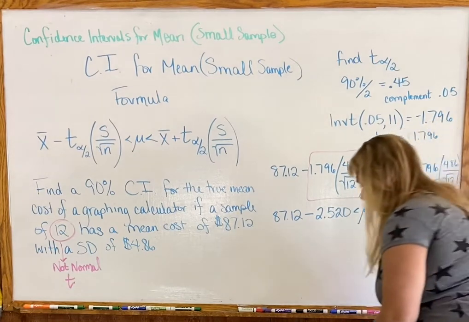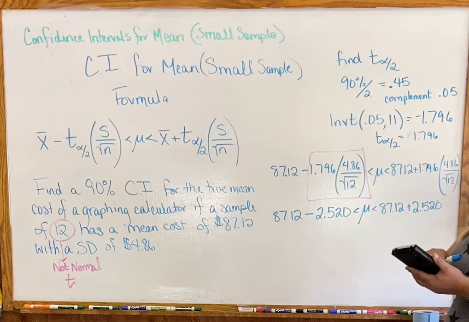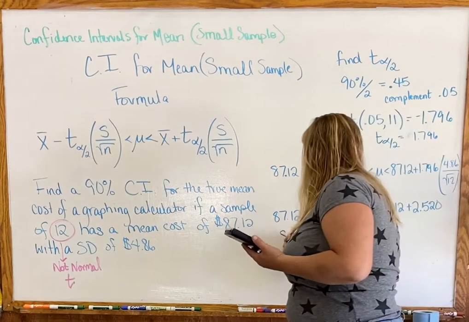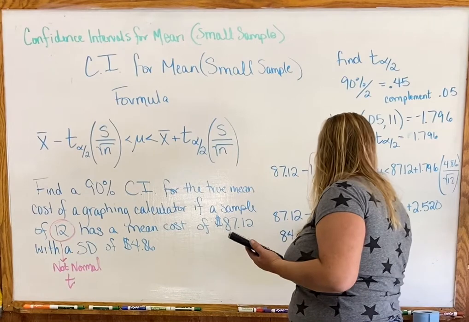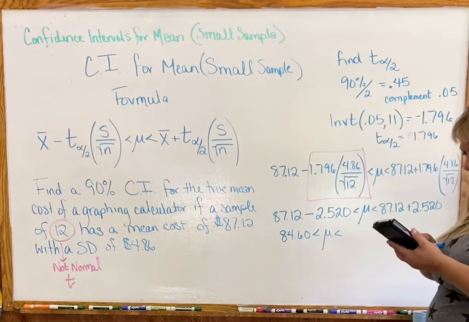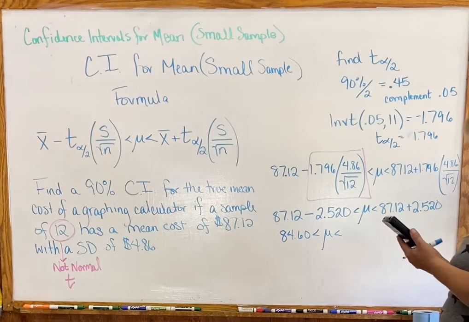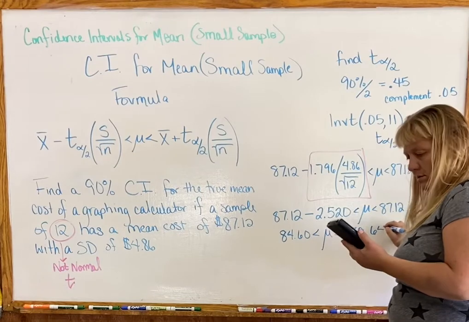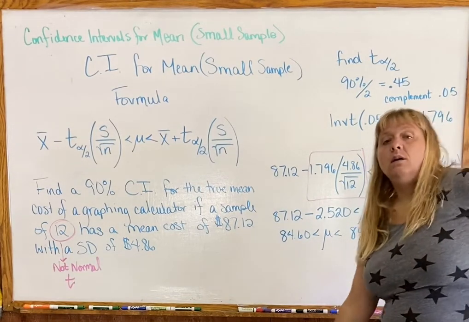Okay, so we found the margin of error. Now we'll go ahead and subtract. So 87.12 minus 2.520. I got 84.60 on this end and $89.64 on this end. Look good?